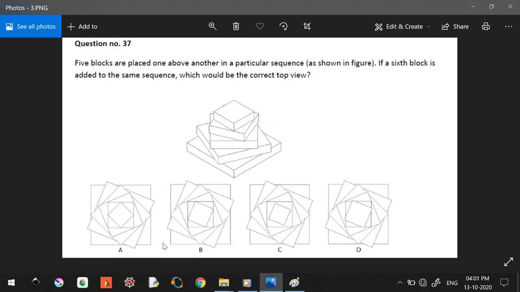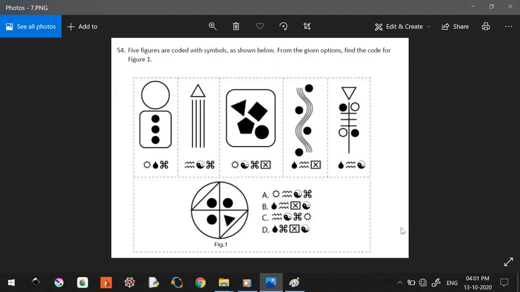So of the given options, that is what we need to identify. And here is something kind of difficult: given the set of these symbols and associated small shapes here, as you can see, and they mentioned this as code, what will be the symbol or the set of patterns for this particular figure? So that is what we need to identify.